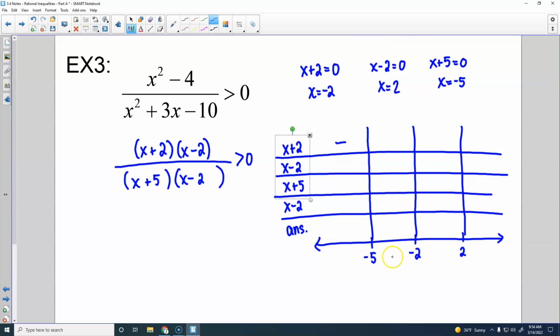Then if I plug in something between -5 and -2, like -4, -4 plus 2 would still give me a negative. If I plug in something from -2 to 2, like 0, 0 plus 2 would give me a positive, and anything bigger than 2 would also give me a positive.